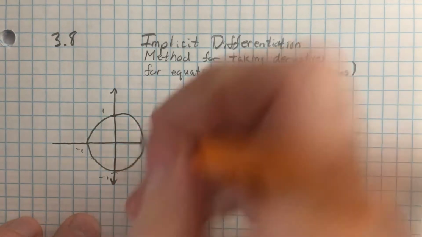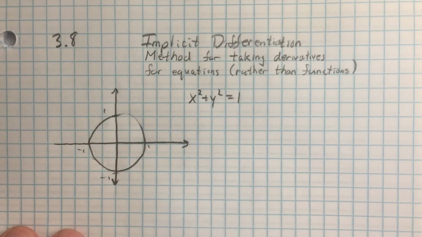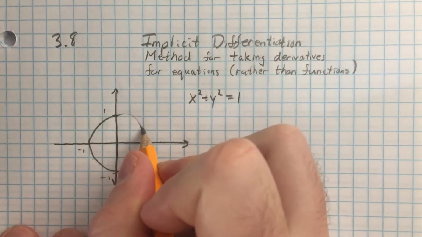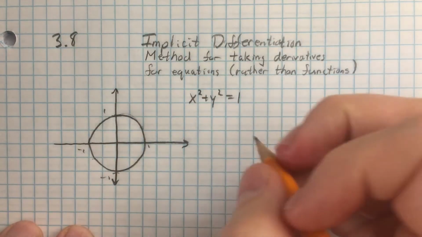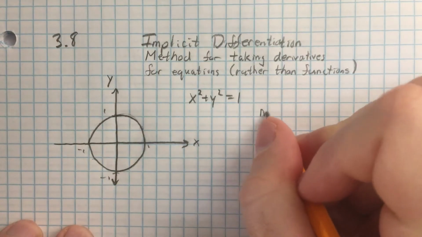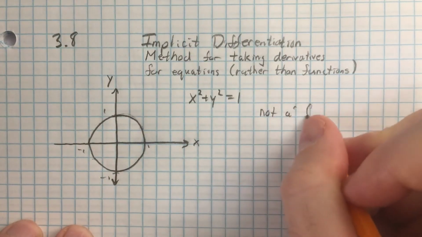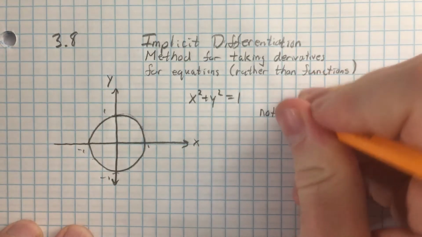Something like that. So it's certainly not a function, right? Doesn't pass the vertical line test. Right?